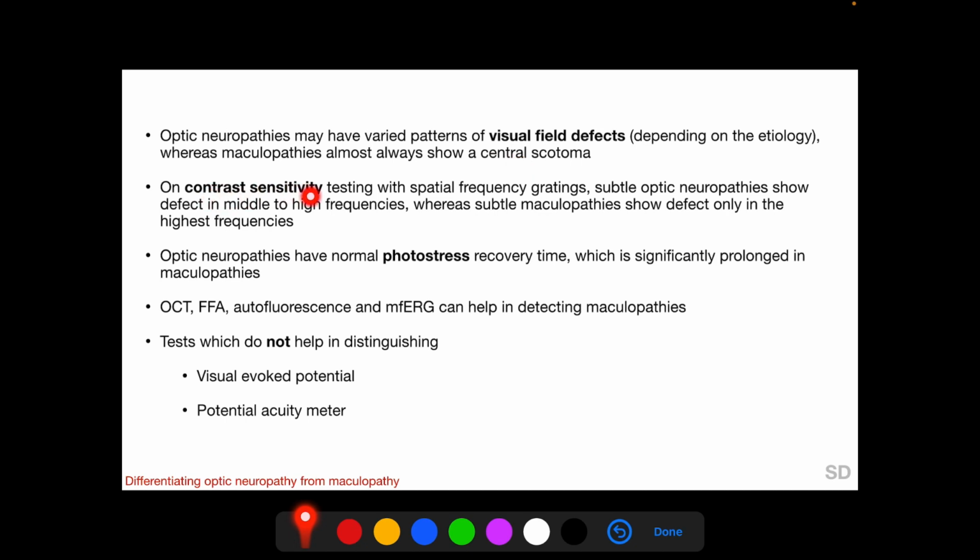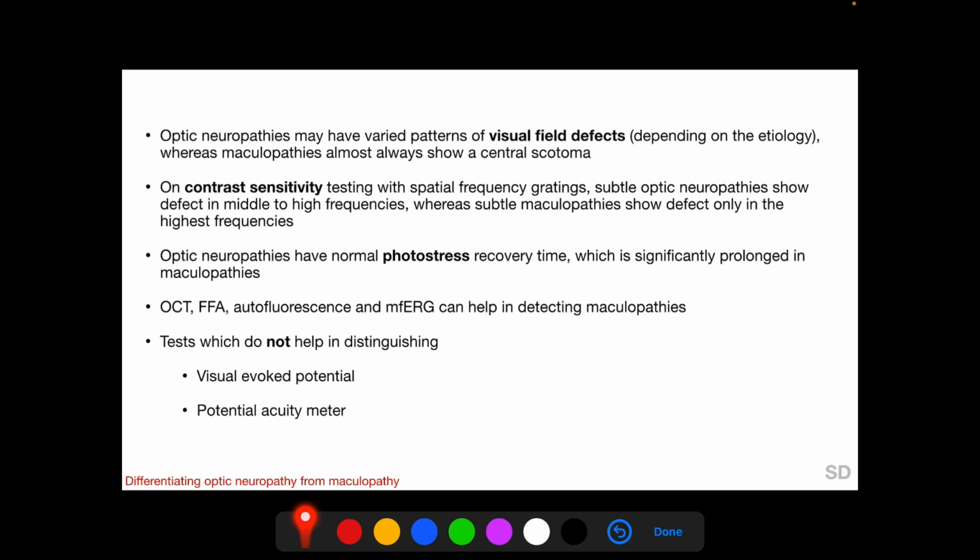On contrast sensitivity testing with sine wave gratings, subtle optic neuropathies show a defect in middle to high frequencies of the sine wave gratings, whereas subtle maculopathies show a defect only in the highest frequencies. Optic neuropathies have normal photostress recovery time, which is significantly prolonged in maculopathies.